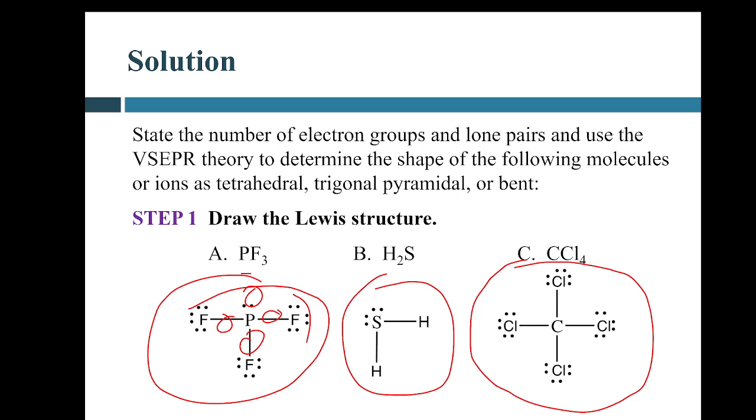So we have 4 groups, or 4 domains, and that's going to give us what electron geometry? Tetrahedral, exactly. What sort of molecular geometry is that going to give us then? Close. Trigonal pyramidal. Yeah, it's a 3-dimensional one.